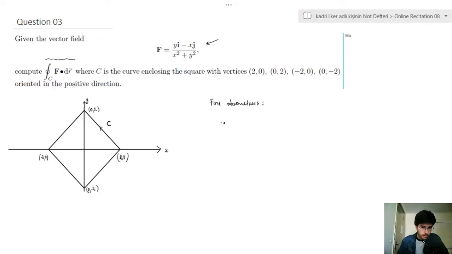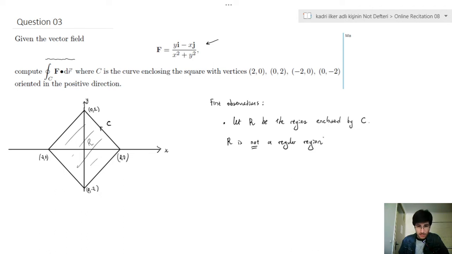First observation, the region R. Let R be the region enclosed by C. So R is just the inside of this square. But the problem is R is not a regular region.